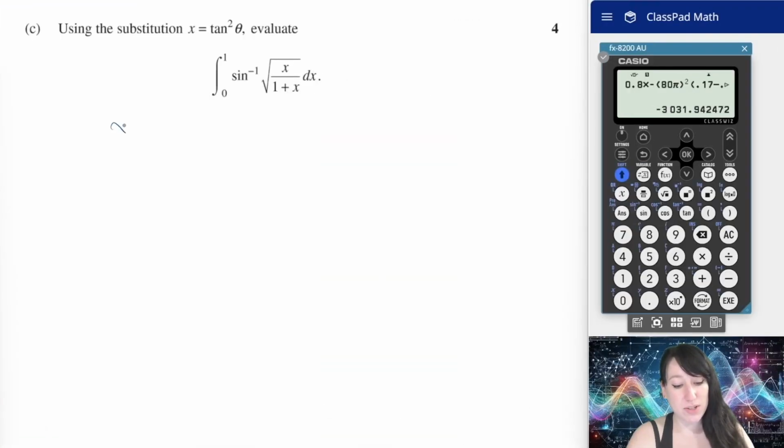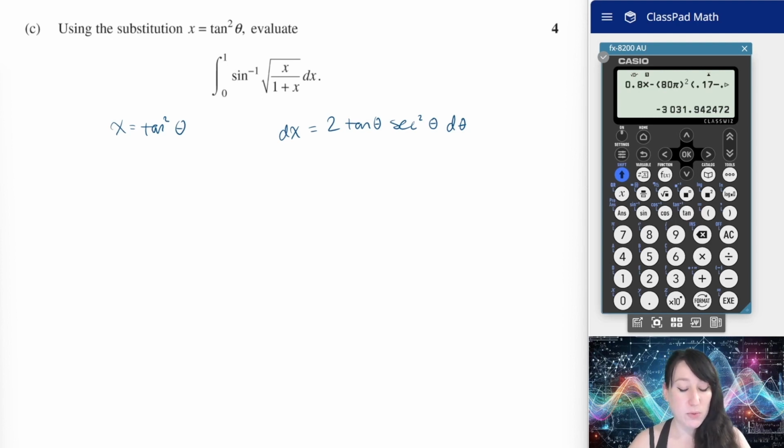Alright, so our substitution is x equals tan squared theta. We'll also need dx. So dx would be 2 tan theta times secant squared theta d theta. Since this is a definite integral, let's find the limits of integration for theta instead of x. Now, as x goes from 0 to 1, what does the argument for sine inverse go between?